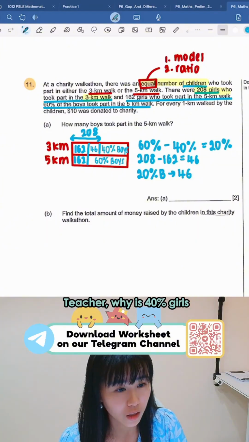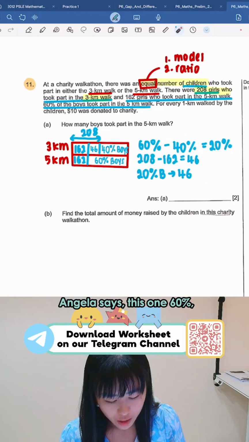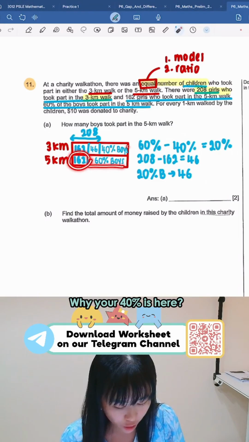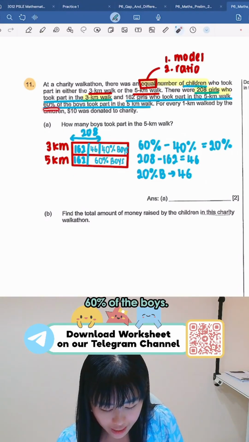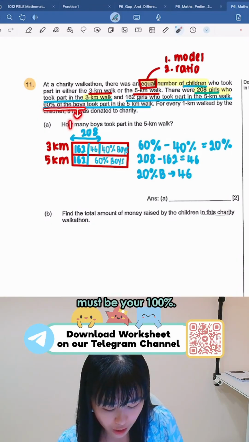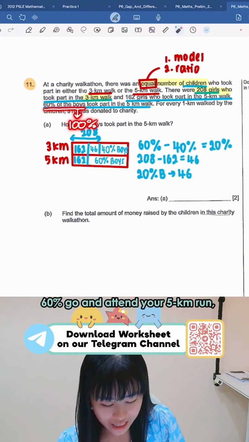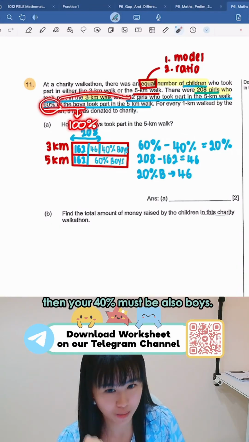Alright? Jill, why is 40% girls, not the 5 km one? Angela say, this one 60%, then teacher, this one 40%. Why is it not the 40% there? Why your 40% is here? Why is that so? Because I want to look, Angela, I want to look here. 60% of the boys. It means your boys must be your 100%. If your boys is 100%, 60% go and attend your 5 km run, then your 40% must be also boys.